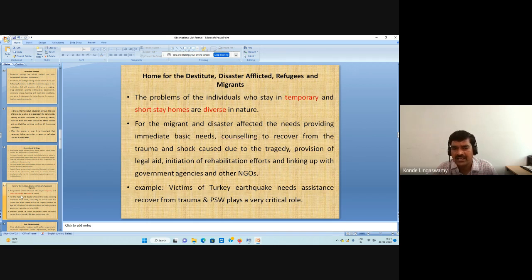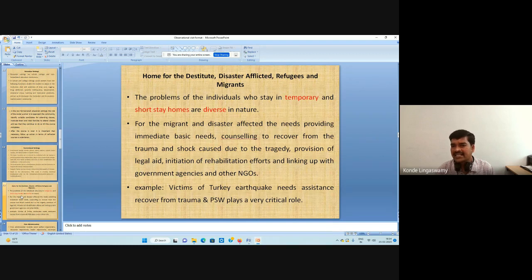Recently we have seen victims of the Turkey earthquakes, disaster afflicted homes, destitute homes, refugees like Ukraine war refugees or migrants. So the problems of individuals who stay in temporary and short stay homes are different in nature.